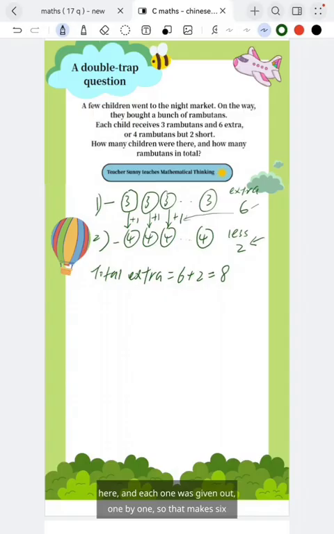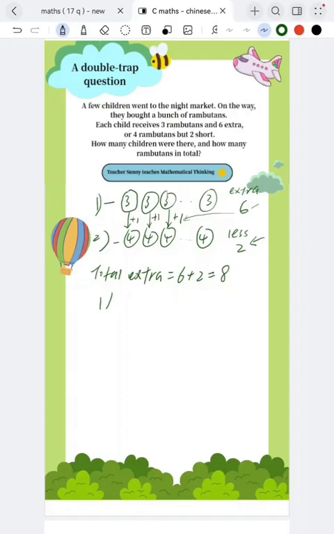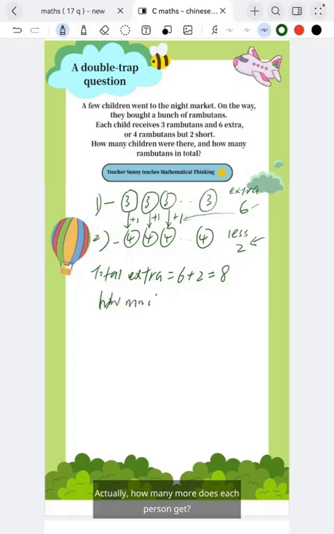So that makes 6 distributed, right? But there are still 2 missing, so it still needs 8, meaning there are 8 extra in total. Alright? It's the same logic. So in this way, actually, how many more does each person get?